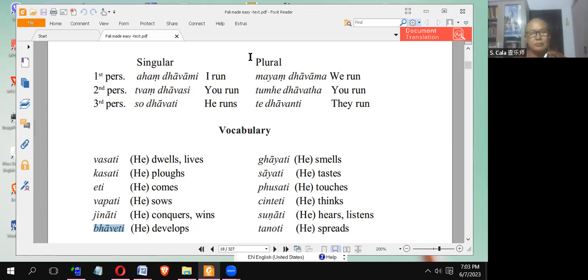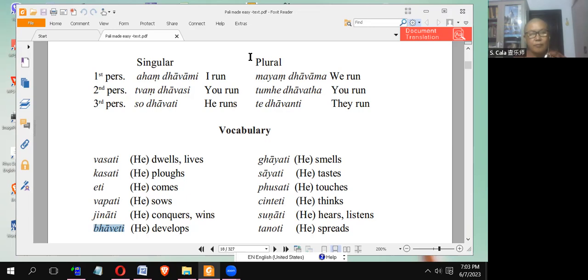Tuam bhavesi, tumhe bhavatha. Aham bhavami.